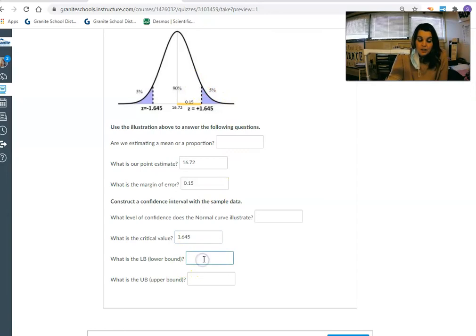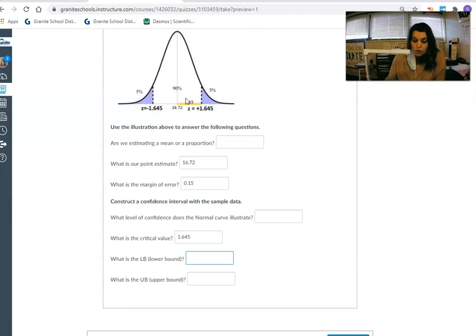Then from there, you calculate your lower and your upper bound, but make sure that you're careful because they're giving you your margin of error here. So when you do your lower bound, you don't have to know the standard error and you don't have to use critical value. I was just seeing if you knew where the critical value was on this image.